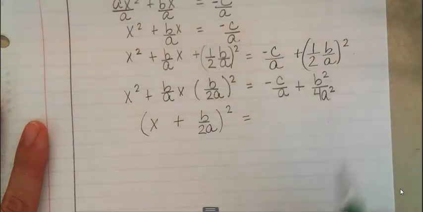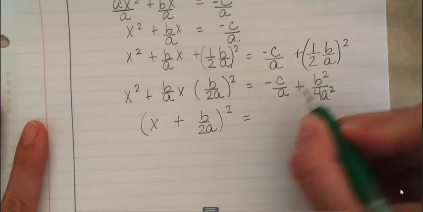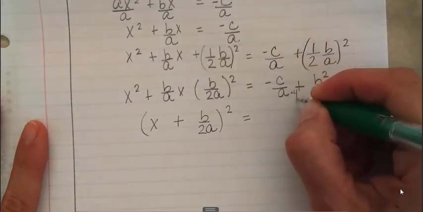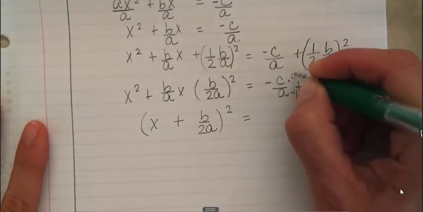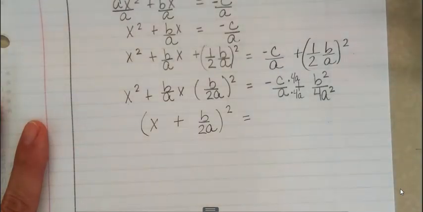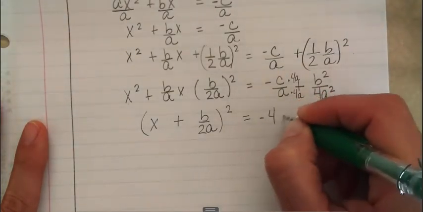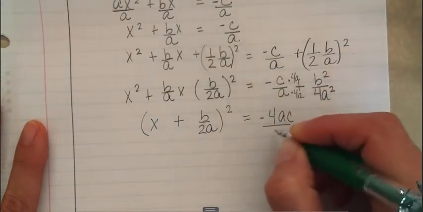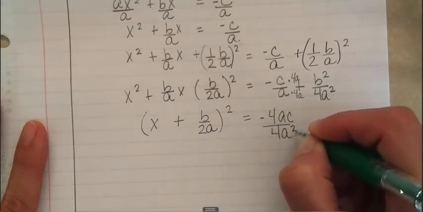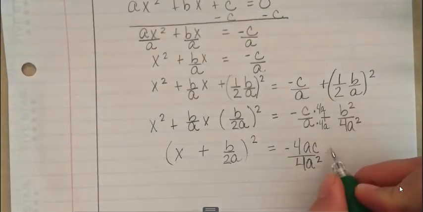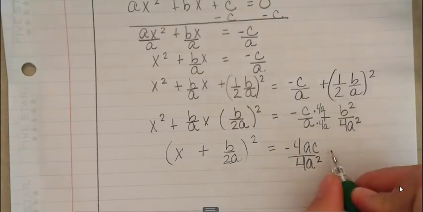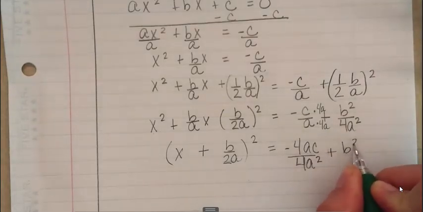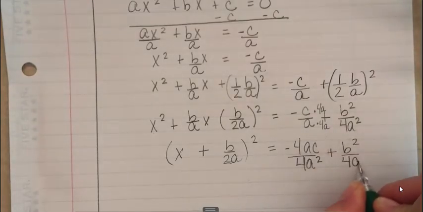Now on this side we're going to need to do some simplifying. So I'm going to need to multiply this by 4a, both top and bottom, so I can get common denominators. Adding to that, your b squared over 4a squared.